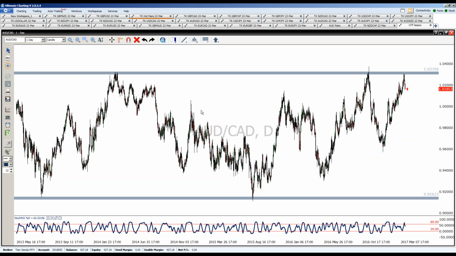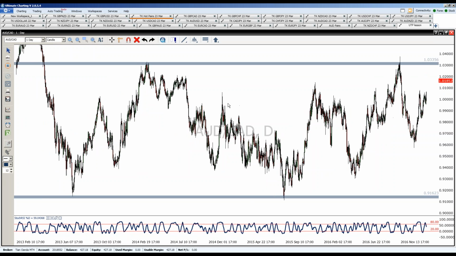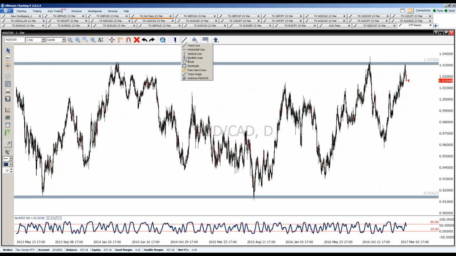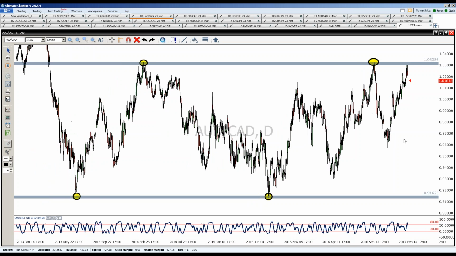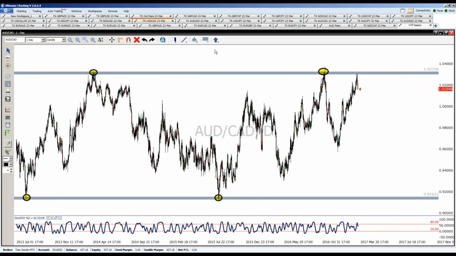And now we can see that the market would move from support to resistance, and then again from resistance to support, and then again from support to resistance. And now the market has bounced at resistance, and now we could be heading to support again. There. Support is over here. And we just bounced at resistance yet again.